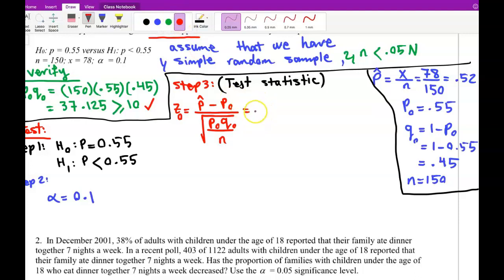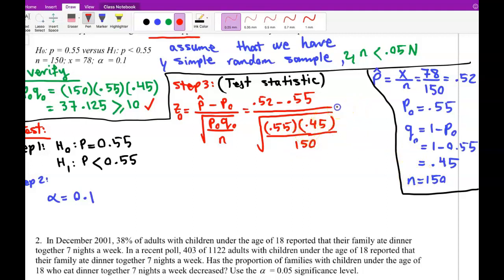Okay, back to here. On top, p hat is 0.52 minus p0 0.55, divided by the square root of p0 0.55 times q 0.45 divided by n is 150.